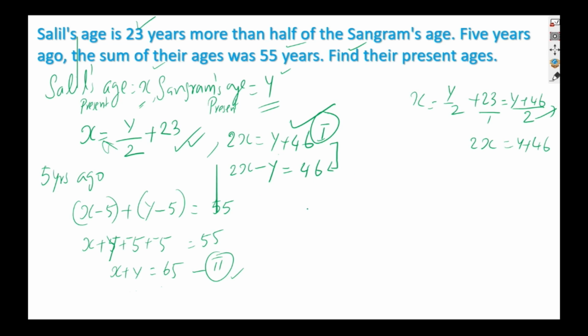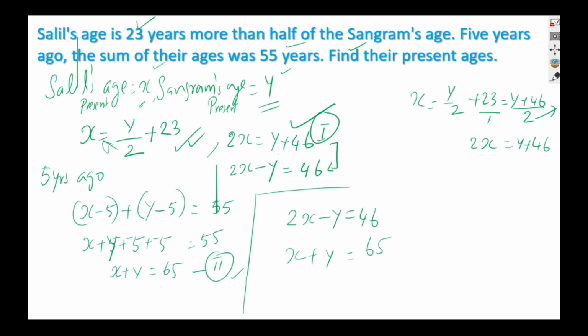So we have two equations: 2x minus y is equal to 46, and x plus y is equal to 65. As in the chapter, we will apply the concept of simultaneous equations, considering both together.